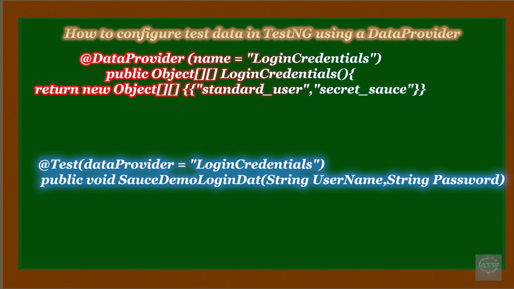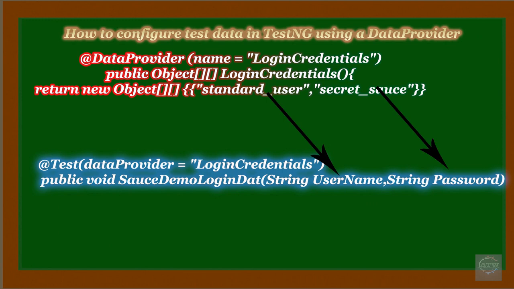How to configure test data in TestNG using a data provider. The first one is the syntax. @DataProvider, inside you will specify the name of the data provider. The same should be called in the test method where you are calling the particular data provider. And data provider always has a method with the same name as the data provider.